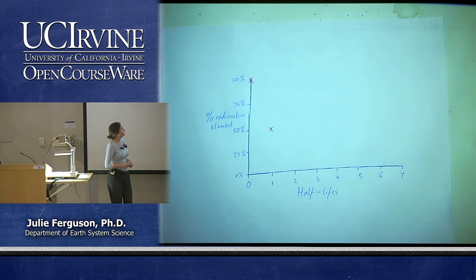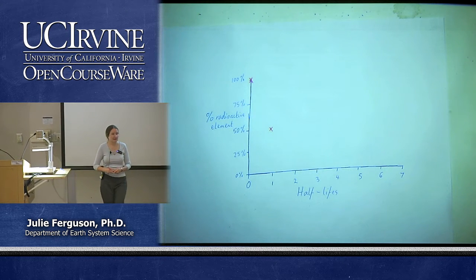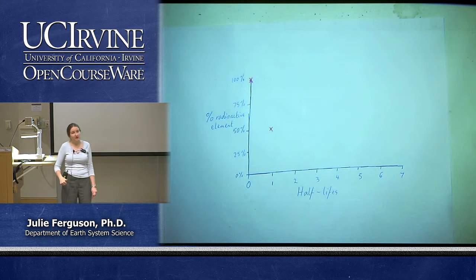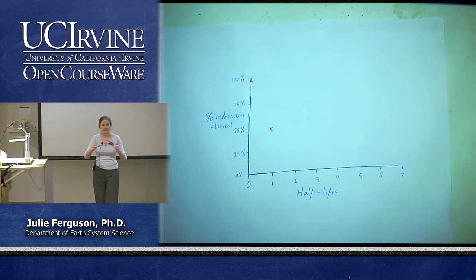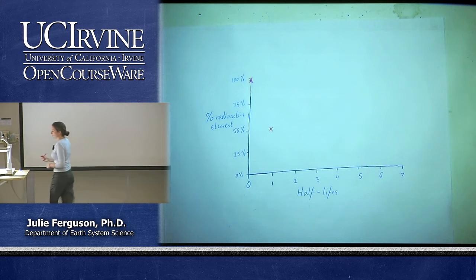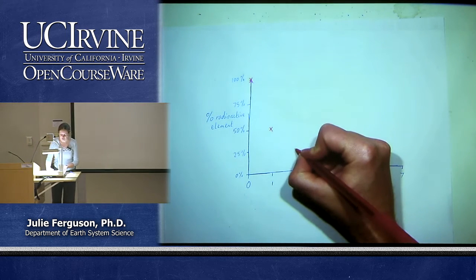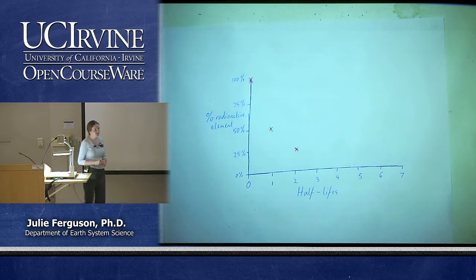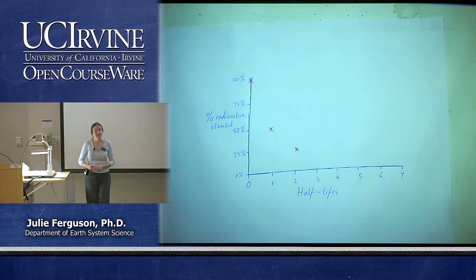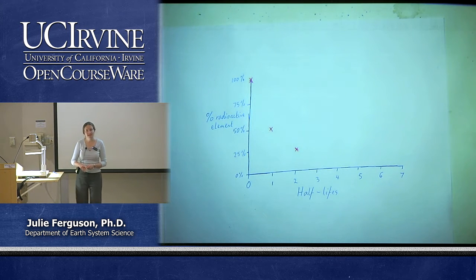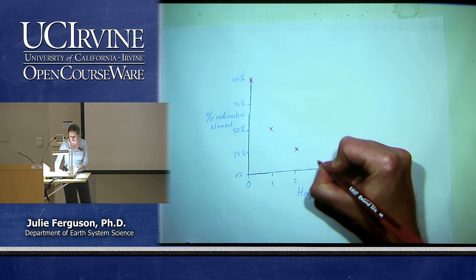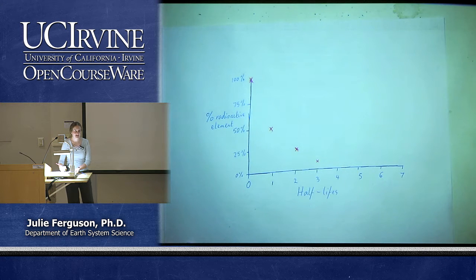How much of my original radioactive element am I going to have left after two half-lives? 25%. We're taking that 50% and halving it again. So at 2, I'm going to have 25%. What am I going to have after 3? 12.5%, because we're taking that 25 and dividing. So it's somewhere down here. What am I going to have next?